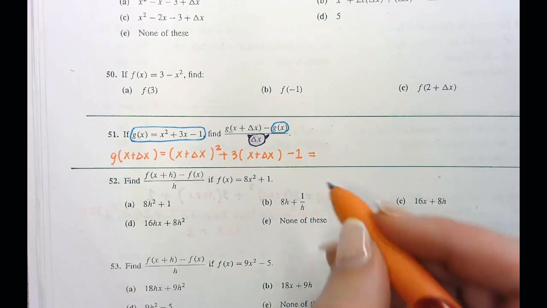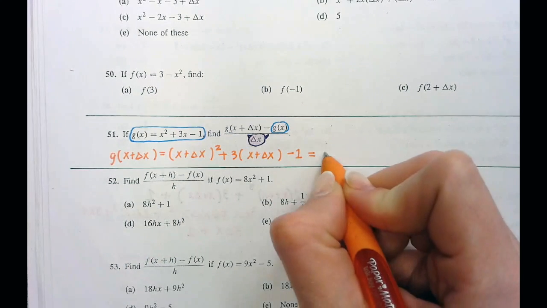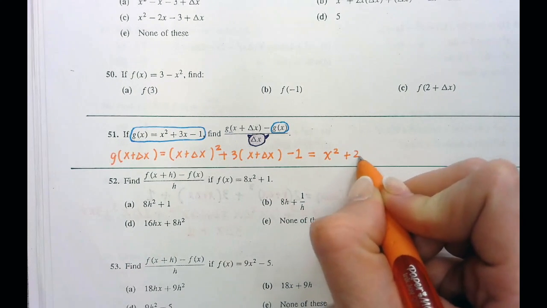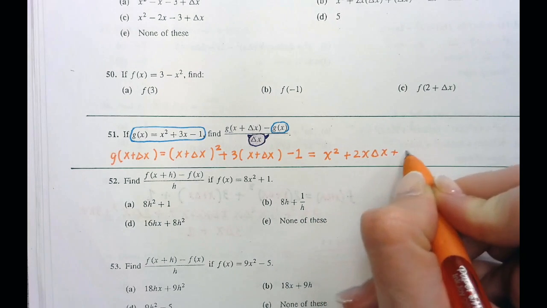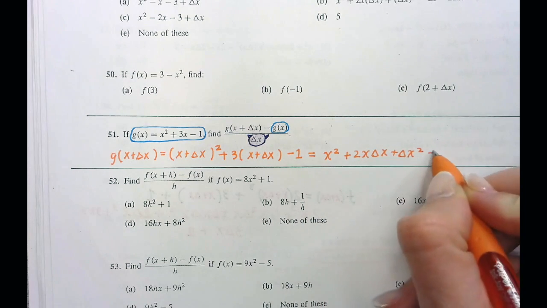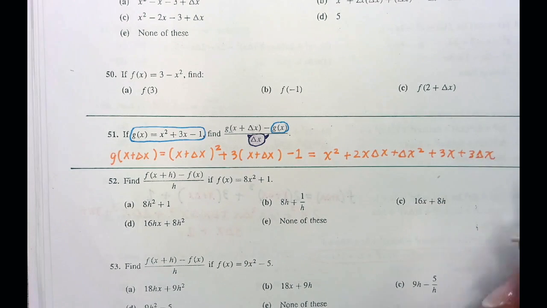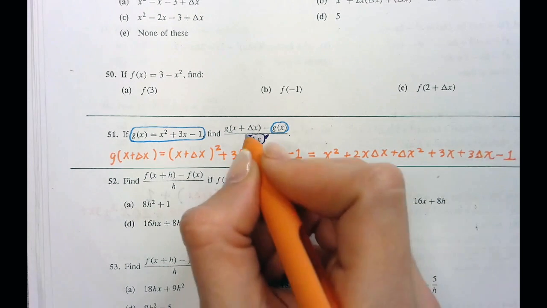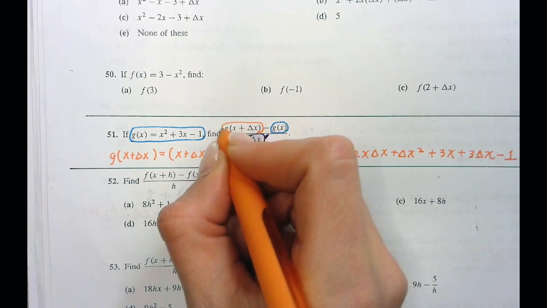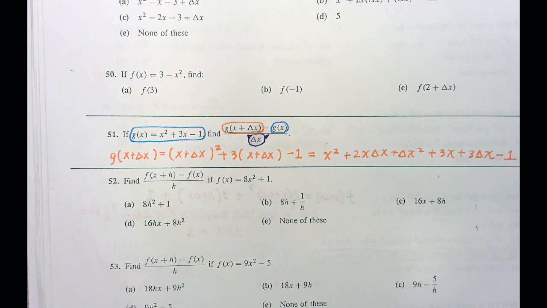Again, Pascal's triangle, you can use that again, 1, 2, 1. Distribute the 3. So orange is that right over there.